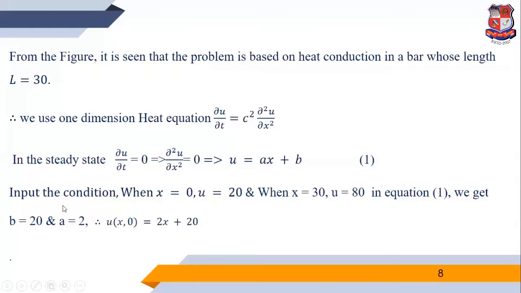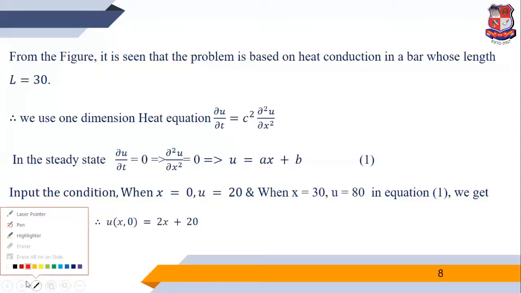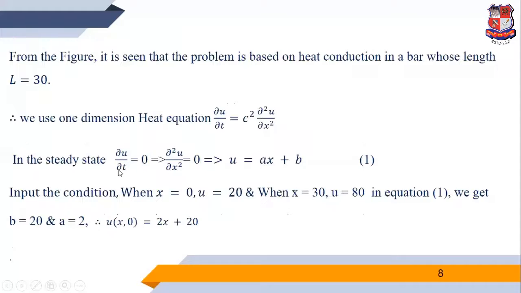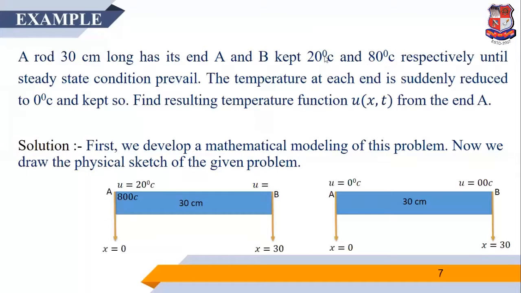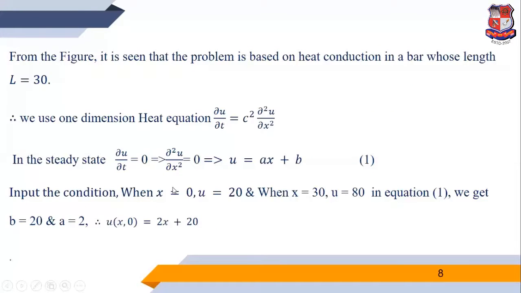Now we input the conditions. When x is equal to 0, u is equal to 20, and when x is equal to 30, u is equal to 80. So when x is 0, u is 20, we get B is equal to 20.